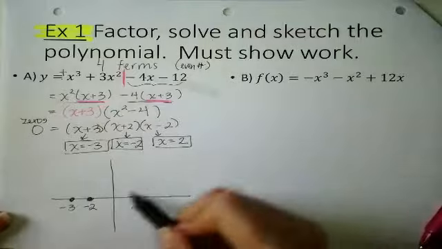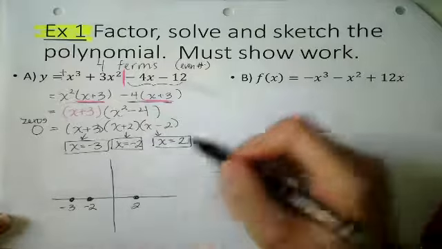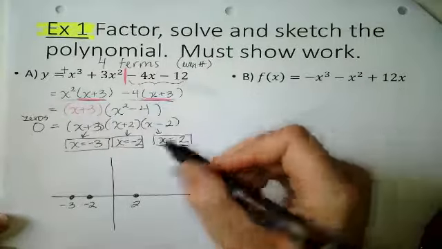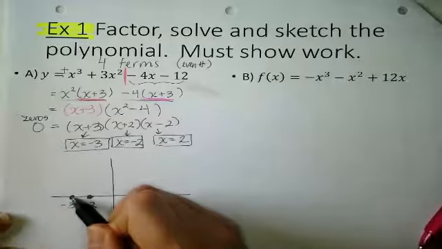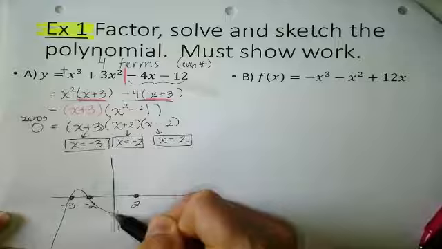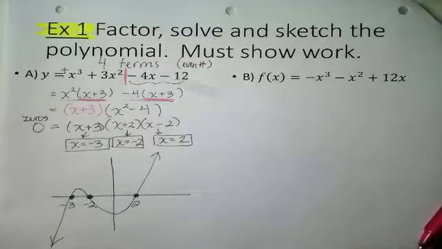It's going to be an increasing function overall. So just like a positive slope goes uphill from left to right, we also want to go uphill from left to right. So we're going to start down low, and we have to then cross each of these zeros. Up, return, and go back through. There you go. There is a beautiful polynomial.